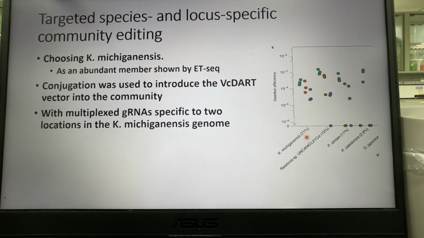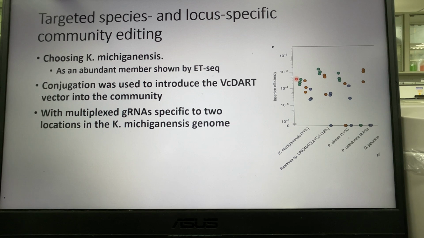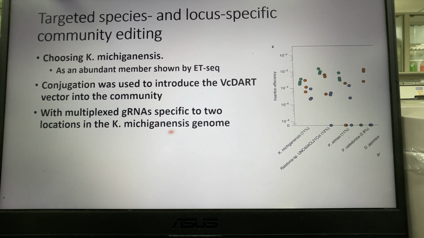As you can see here, it is 71% of the whole microbes. And conjugation was used to introduce the VC DART vector into the community because it was the highest. And with multiple guide RNAs specific to two locations in the K and this strain genomes.